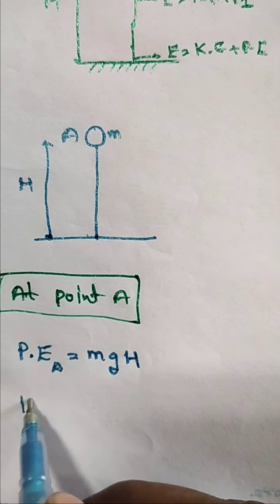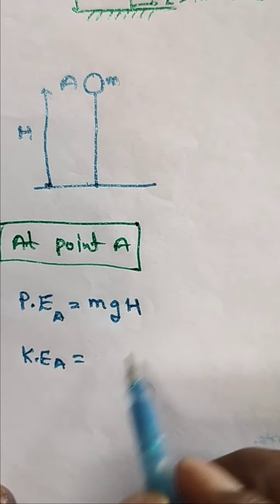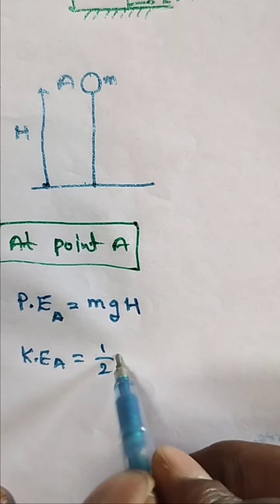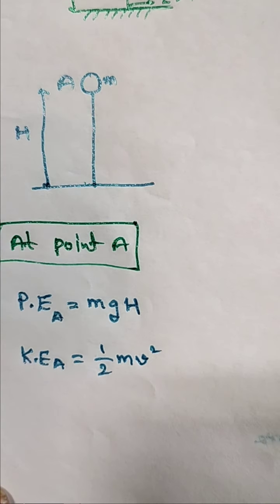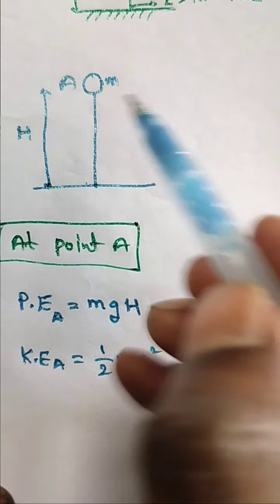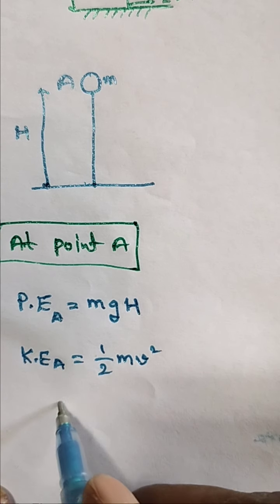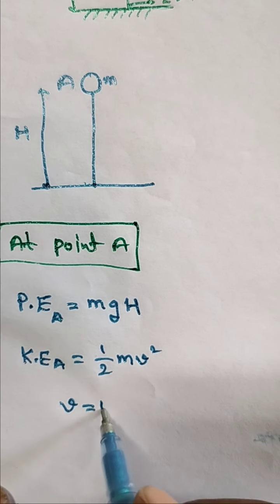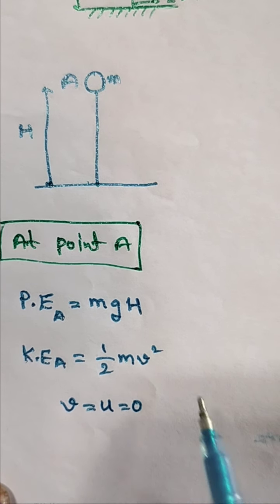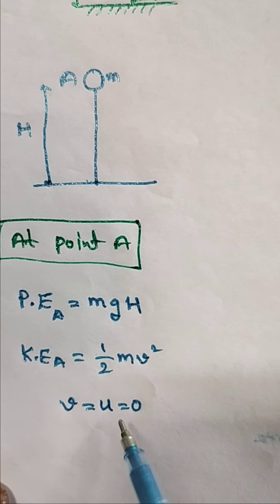And what is the kinetic energy at point A? We know the kinetic energy formula very well, half m v square, where v is the velocity. What is the initial velocity here? v is equal to u is equal to 0, because it is freely falling from the maximum height, so the particle velocity will be 0.